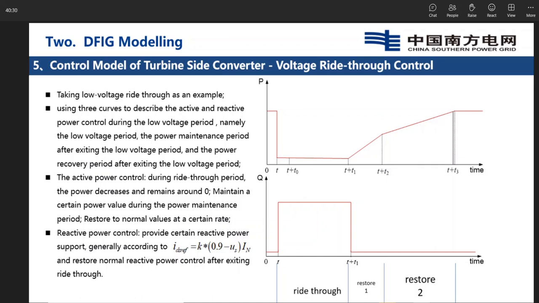IN means the rated current. So that is how much the reactive current is after it goes through the voltage ride-through period.